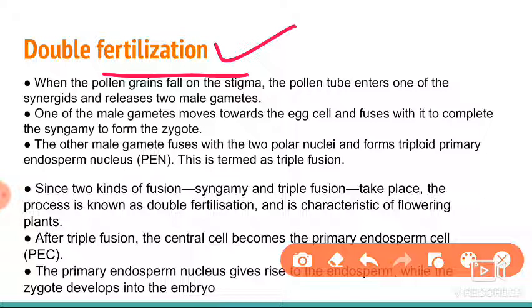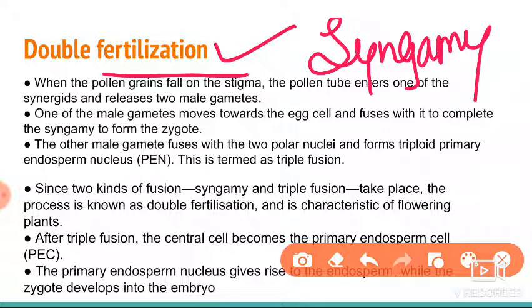It is also called syngamy, the fusion of the gametes.